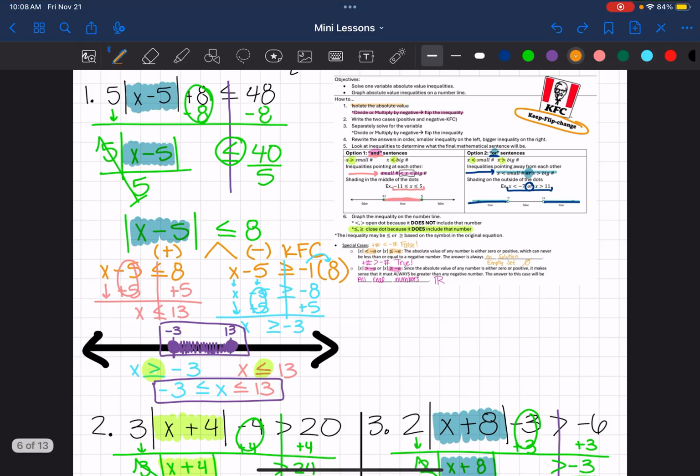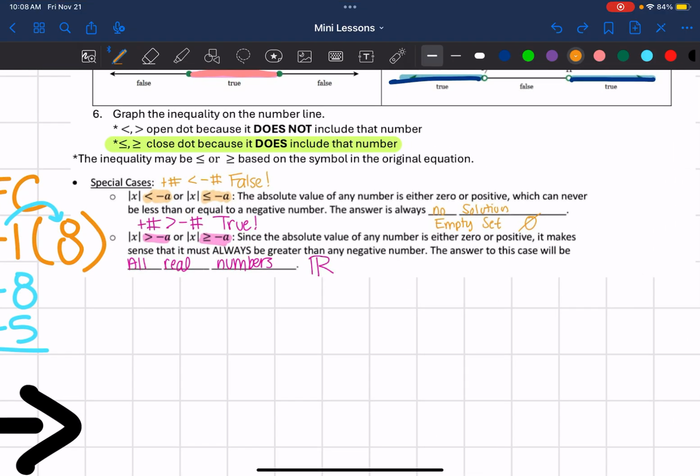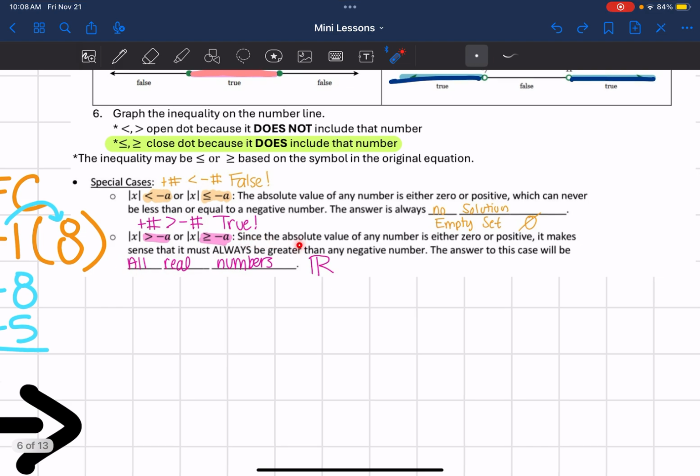So going to our notes, here's where I'm talking about these special cases. If we are greater than a negative number, right here, greater than negative number, this means our answer will be all real numbers. The reason why, and I wrote it out, since the absolute value of any number is either 0 or positive, it makes sense that it must always be greater than any negative number.